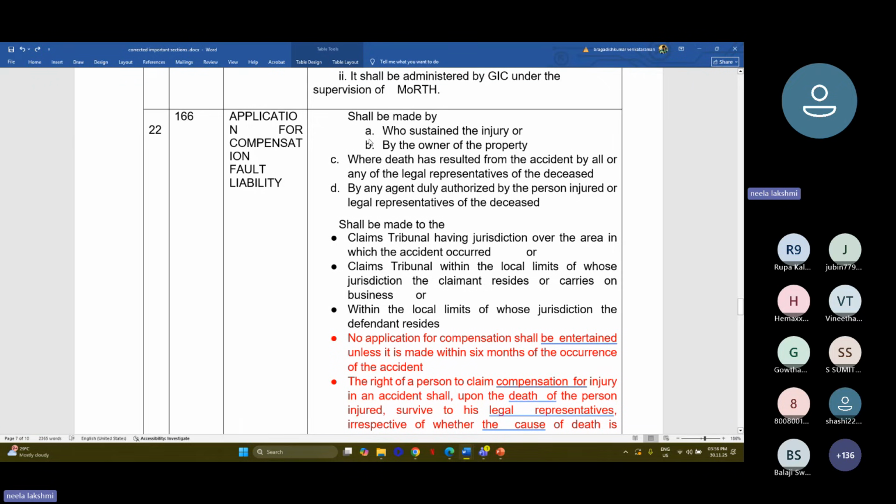Please try to remember all the points: who can file the claim petition, where it can be filed, when it can be filed, and regarding the injured person dying during the pendency of the case. These are the important points in section 166. This is the widest of all compensations based on fault liability.